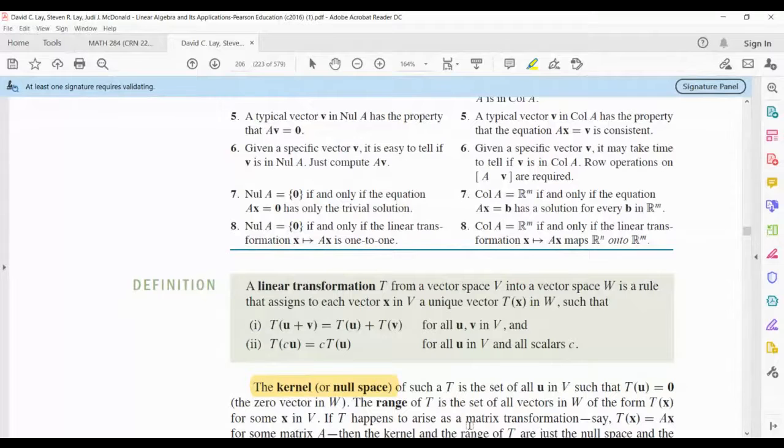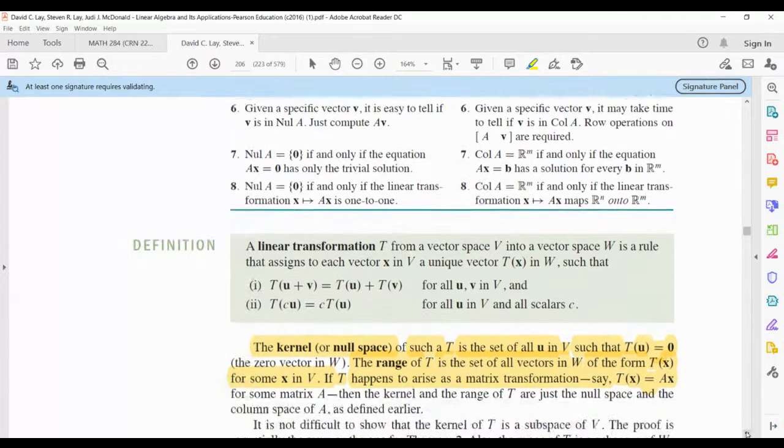The kernel is the set of all vectors u in a vector space V such that the transformation of u equals the zero vector. In our example, the transformation of u was equal to A times u. The range of the transformation is the set of all vectors T(x) for some x in V.